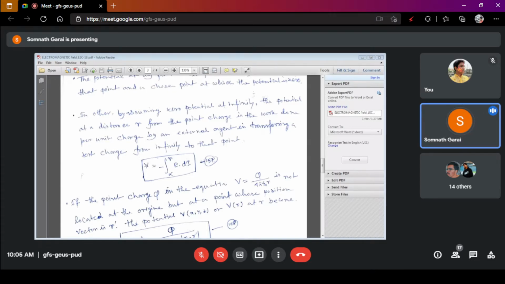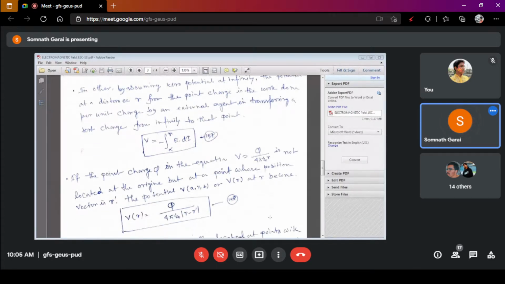This is the integration form of the potential difference. Now if the point charge is q, we know that V is equal to Q by 4 pi epsilon naught r.